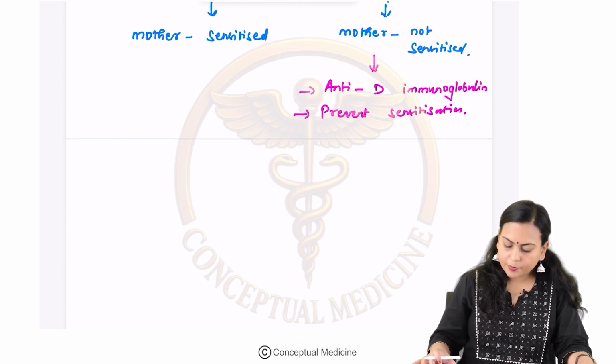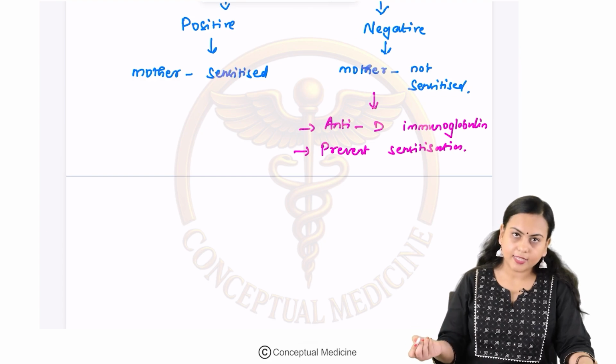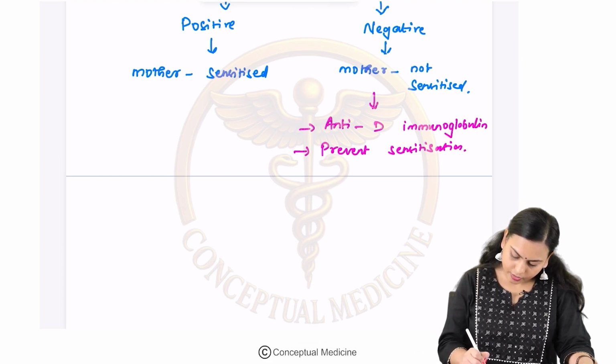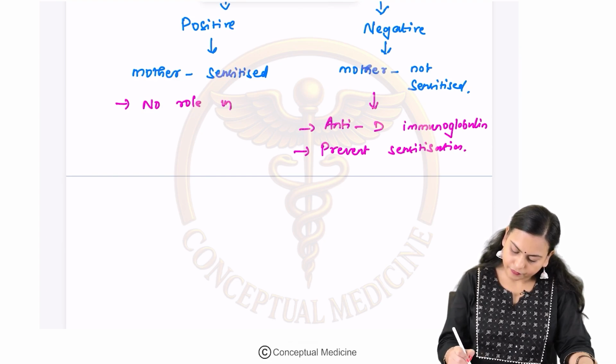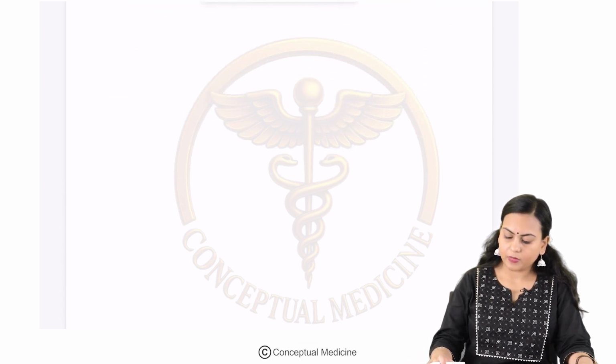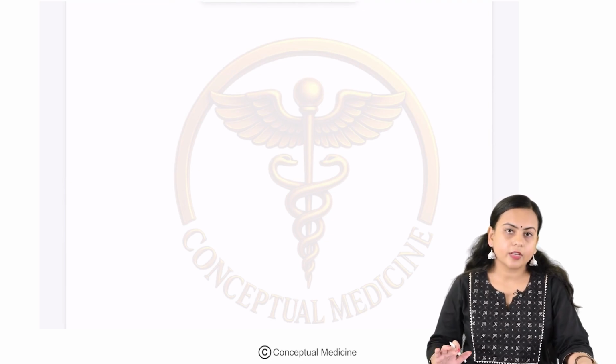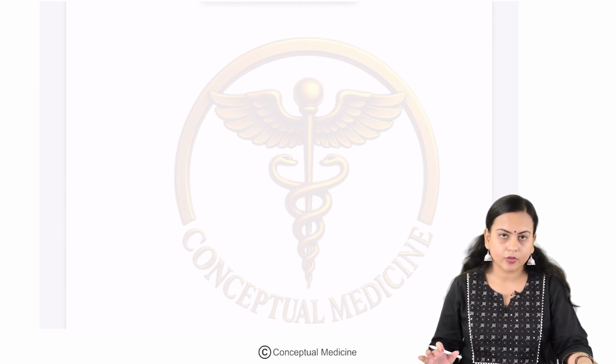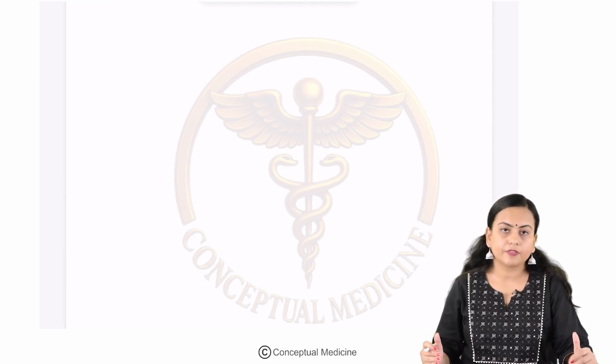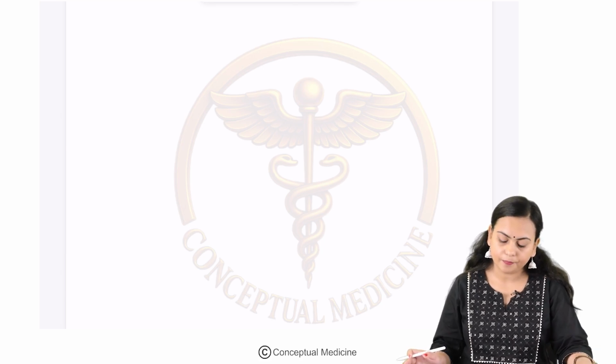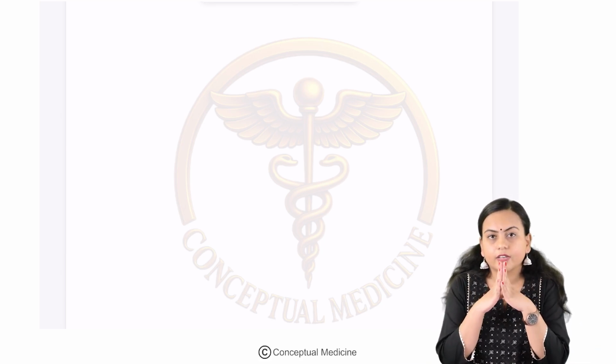Suppose the ICT is positive, there is no role in giving anti-D. But we should know about the sequelae of events that will occur, and we have to follow up with various other investigations. First, let me explain the sequelae of events.